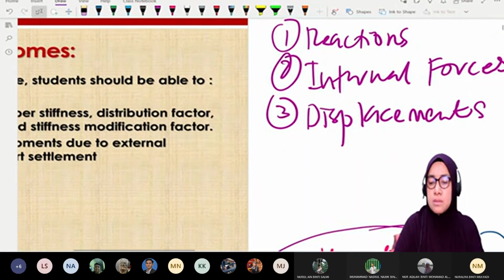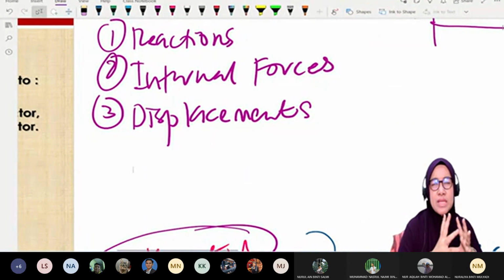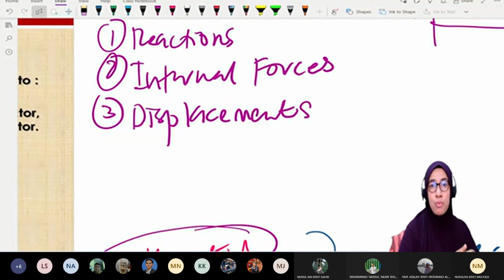So I am here at the reaction. In structural analysis, whether it is a determinate or indeterminate structure, we can summarize the output with three things: number one is reaction, number two is internal forces, number three is displacement.